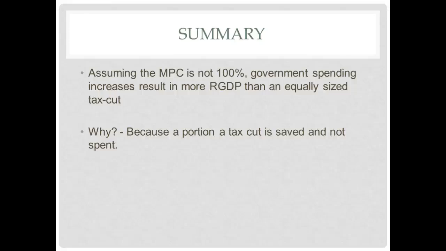And by the way, that is a favorite question of the AP exam. They'll say something to the effect of, if there was $100 in government spending and $100 in tax cuts, which one would likely result in more RGDP? And again, the answer would be government spending, and the reason is because with a tax cut, a portion of the tax cut is saved and not spent.